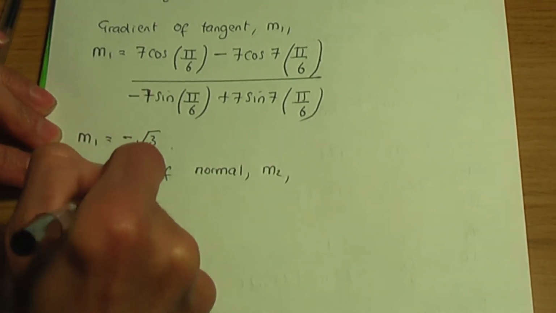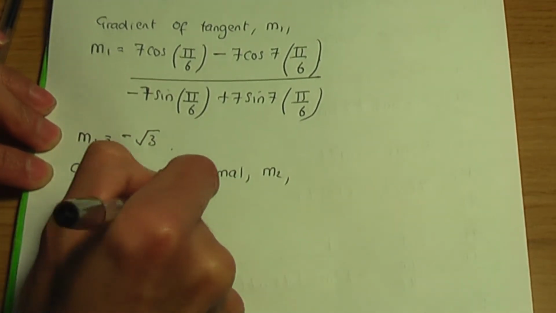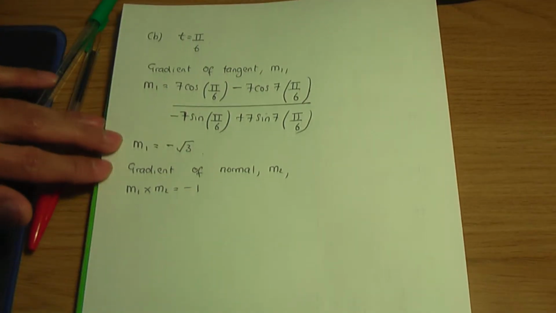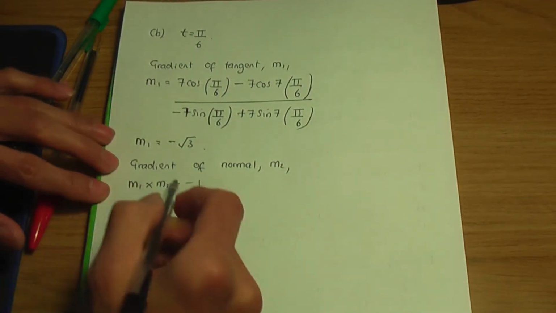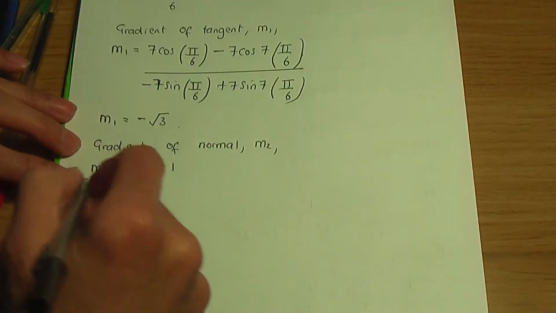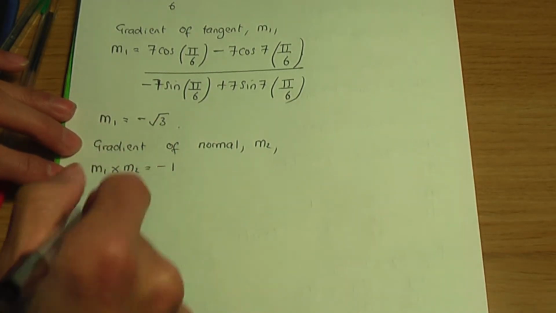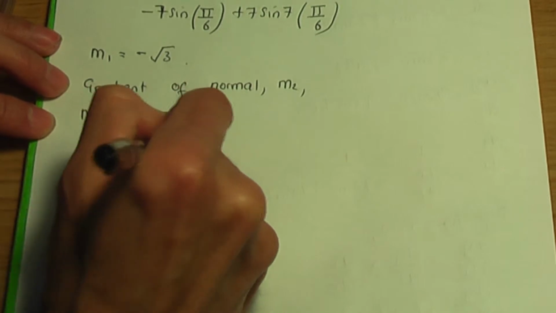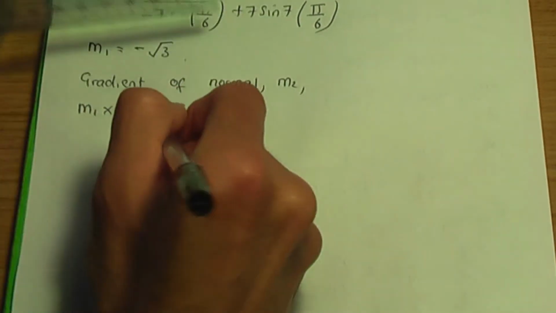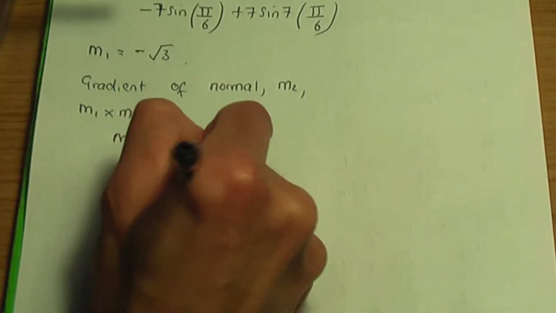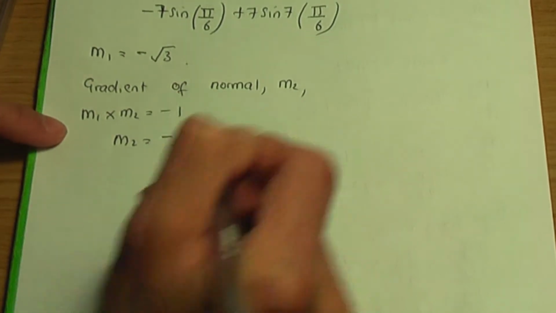We're going to use the property that m1 times m2 is minus 1, since the tangent and the normal are perpendicular. And m2, our normal gradient, when you rearrange, is minus 1 over m1.